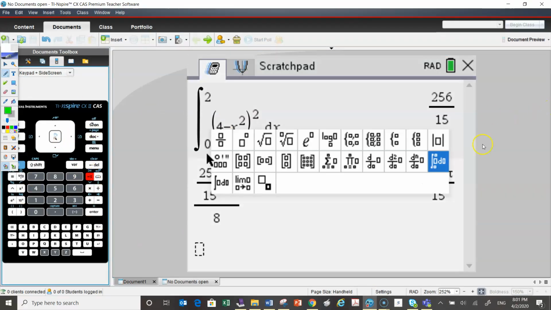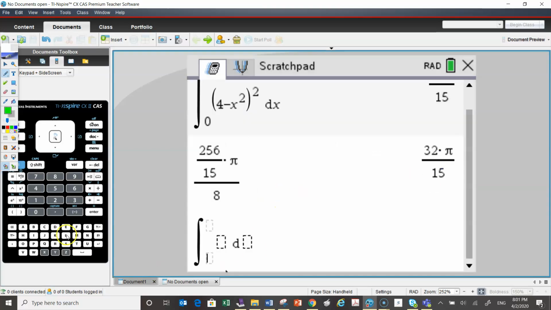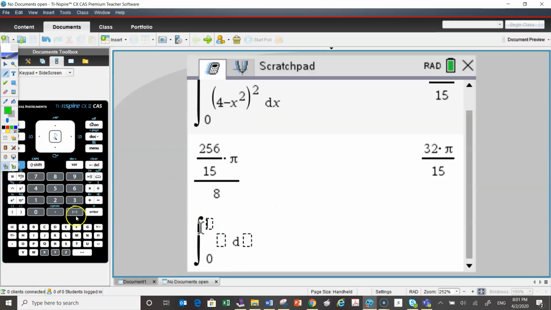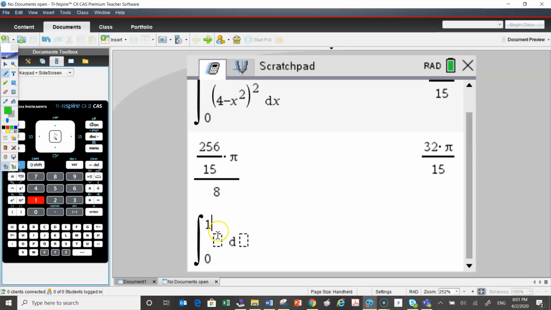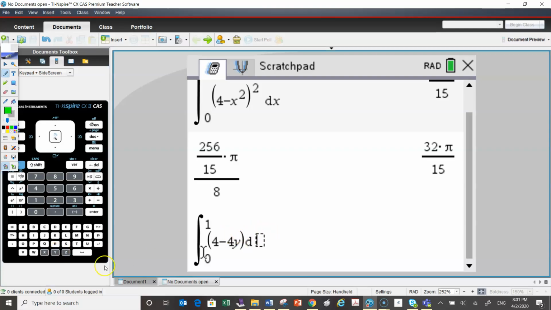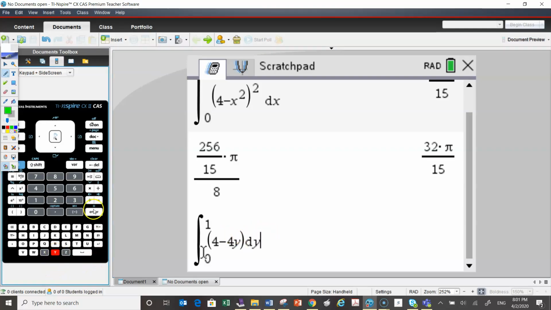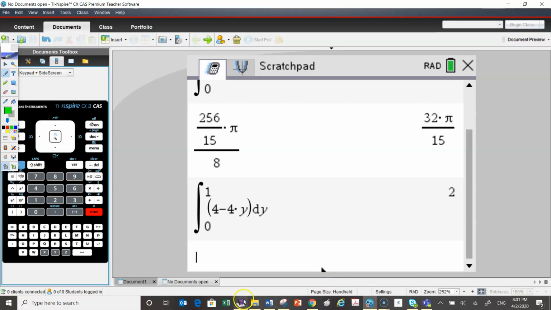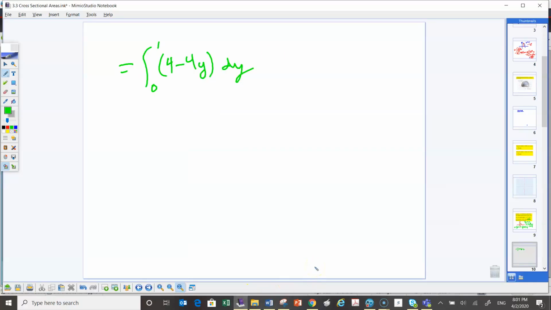So again, the definite integral, 0 to 1 of 4 minus 4y with respect to y, and that works out to be 2. So my final answer is going to be 2.